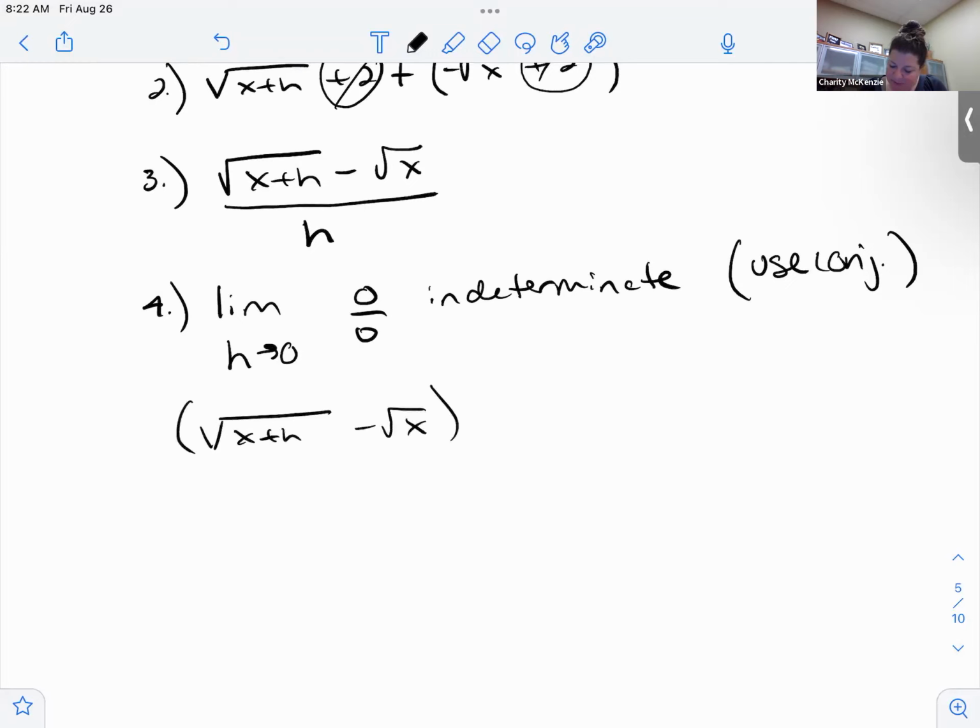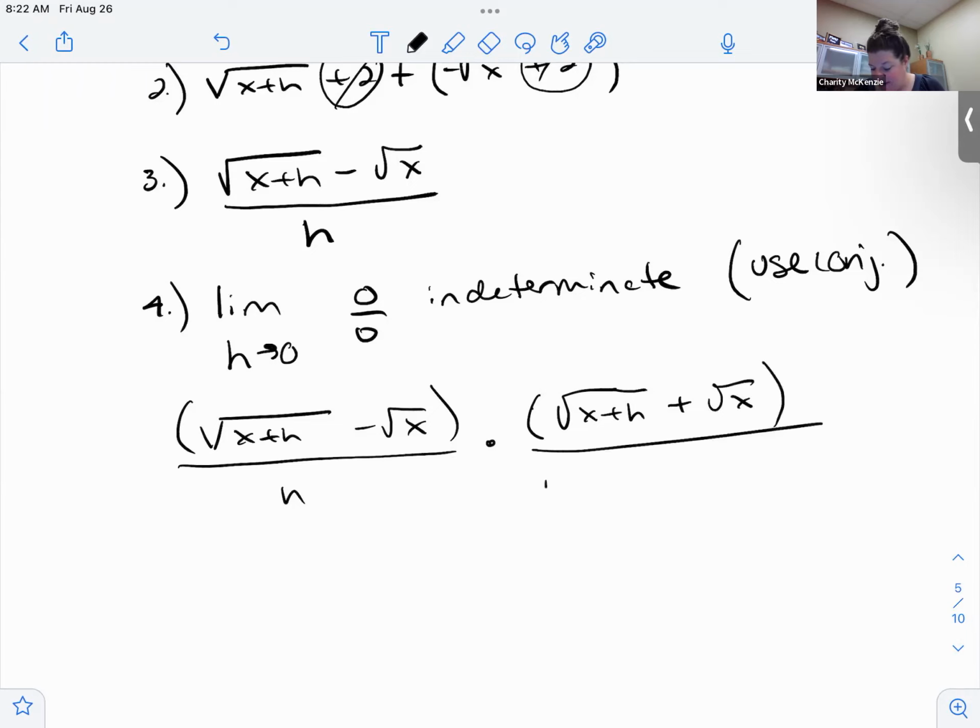Think of this as a big parenthesis, and we want to times it by switching the sign in the middle. So it's going to be the square root of x plus h plus the square root of x, right? That's our conjugate. Now times that by the top and the bottom.